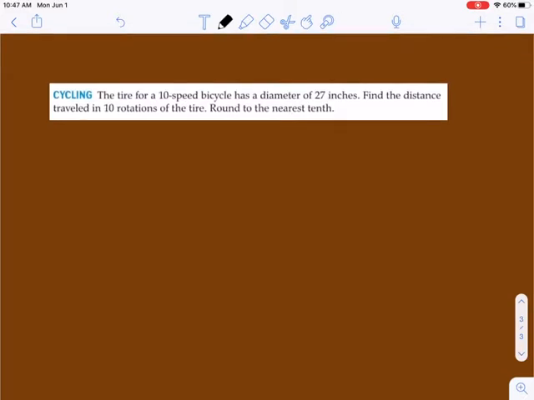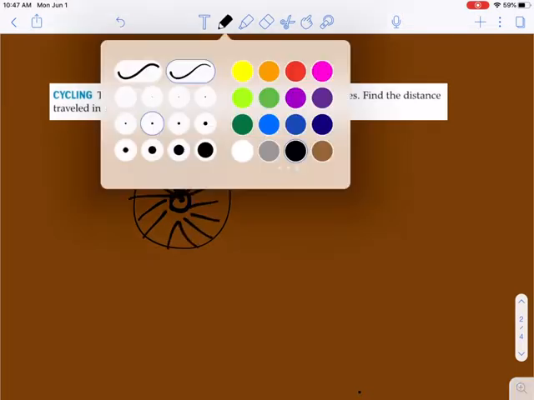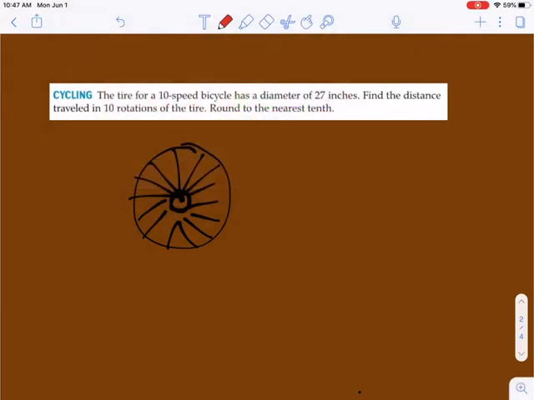All right, the tire for a 10-speed bicycle has a diameter of 27 inches. Find the distance traveled in 10 rotations of the tire. So if you think about what a bike tire looks like, you've got your hub, and that nut goes over the axle, and you've got all your spokes that come out, right? And what they're saying is that it has a diameter of 27 inches.